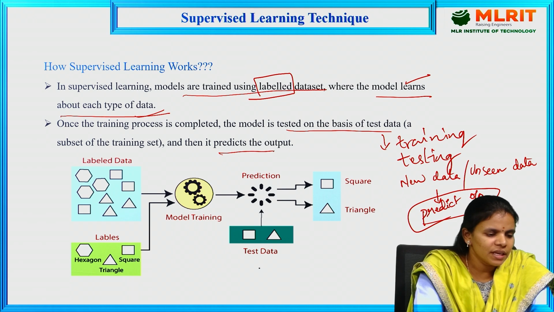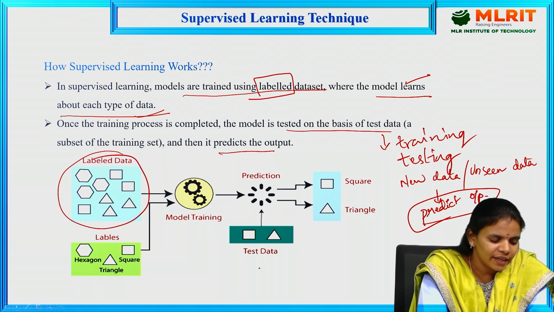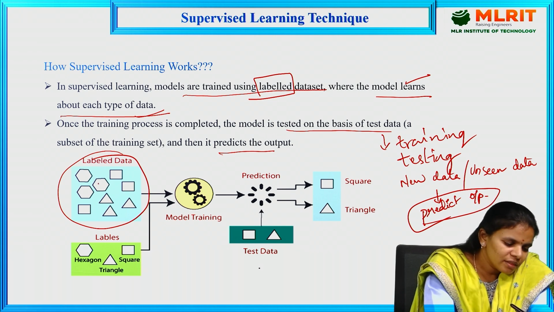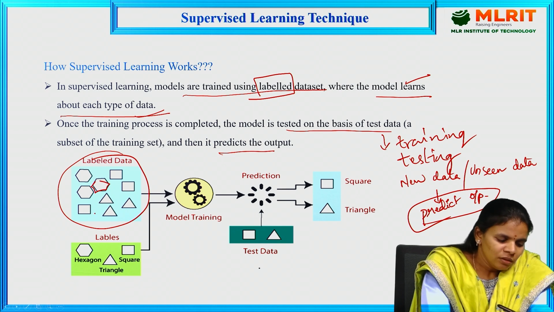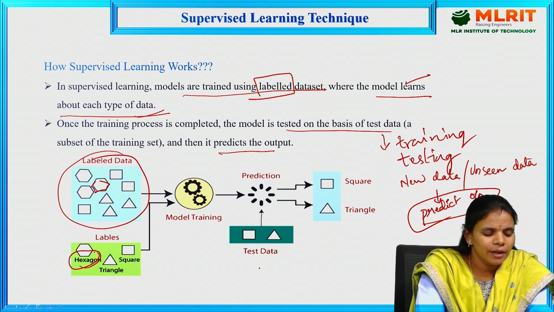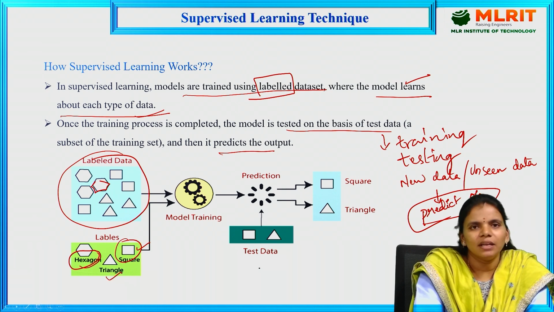So here see how supervised learning works. This is a labeled data set. See, this is my data set, and the labels for my data points are here. For example, if I'm having 6 edges, the label is hexagon. If I'm having 4 edges or 4 sides, the label is square. If a data point is having 3 sides, the label is triangle.